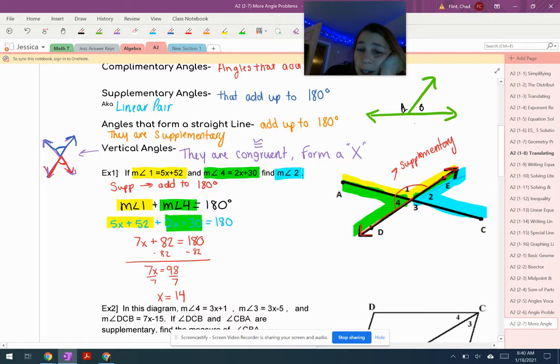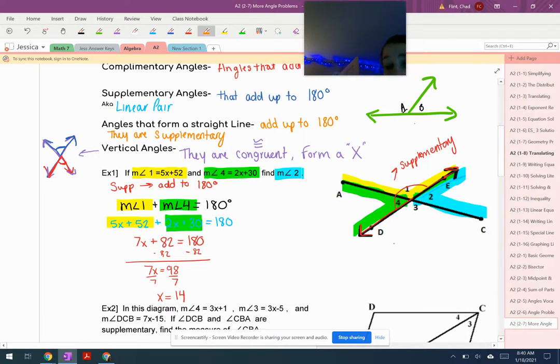So, based on my diagram here, this is where I'm going to have to look at another angle relationship. The green and the blue, angle 2 and angle 4, are actually vertical angles. And that's the key piece here.